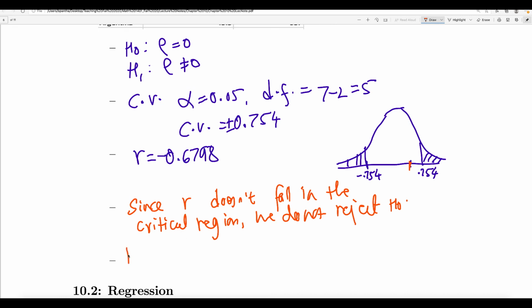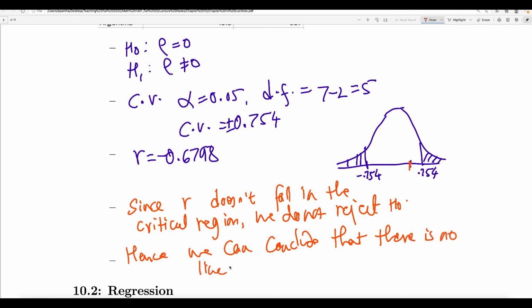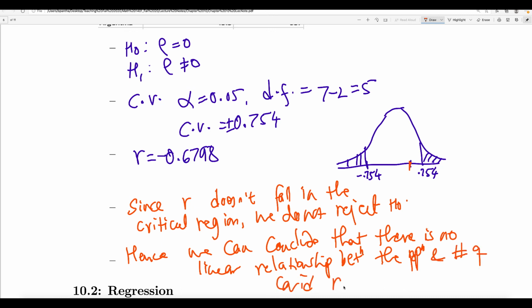Hence we can conclude that there is no linear relation between the population and the number of COVID related deaths.